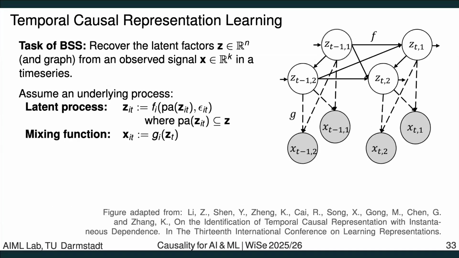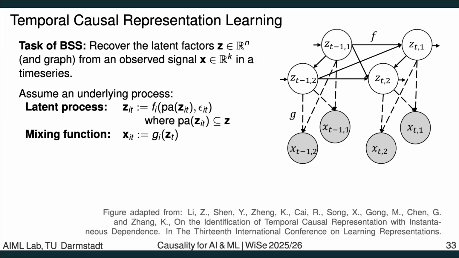As I said, if we are looking at causal representation learning, there's still BSS, which in the non-causal sense is blind source separation, which basically means we have some latent factors, we observe a single signal, and we want to separate out the original factors again.